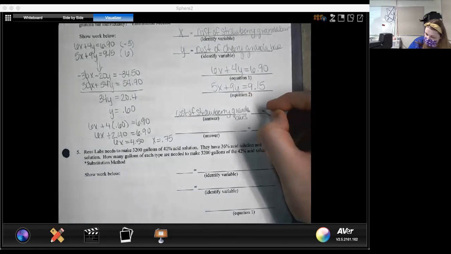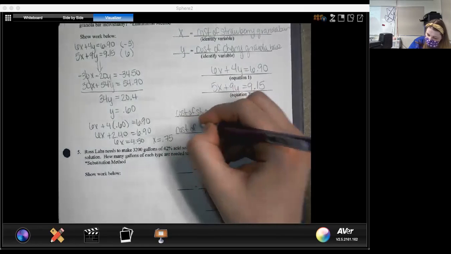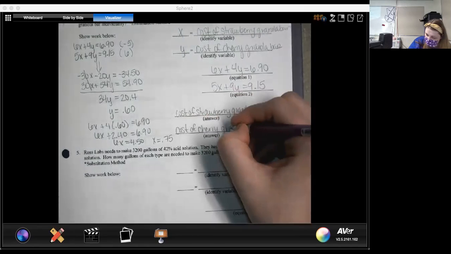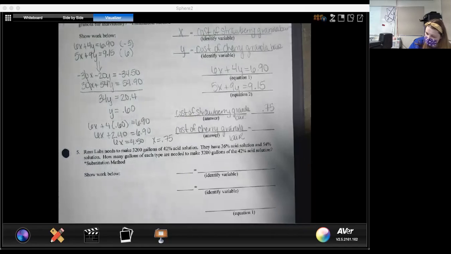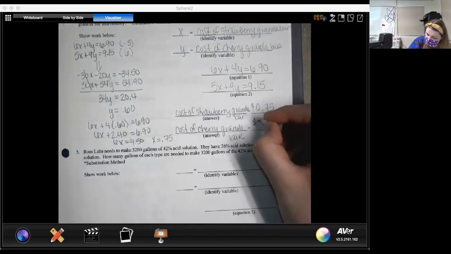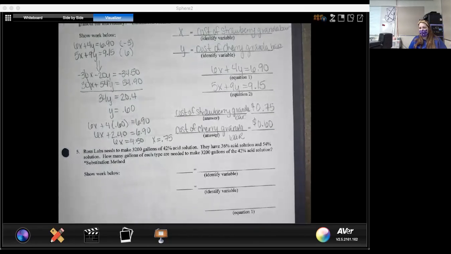Now, when we put our answer, are we going to need a label on our answer? Yep, dollars. You can put the 0 at the beginning or not, but if you don't put the 0 at the end of the 6, then that doesn't really work, because you wouldn't say 0.6.